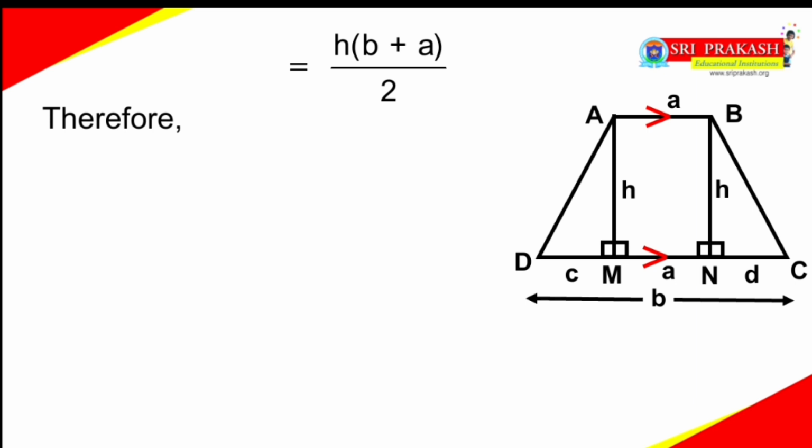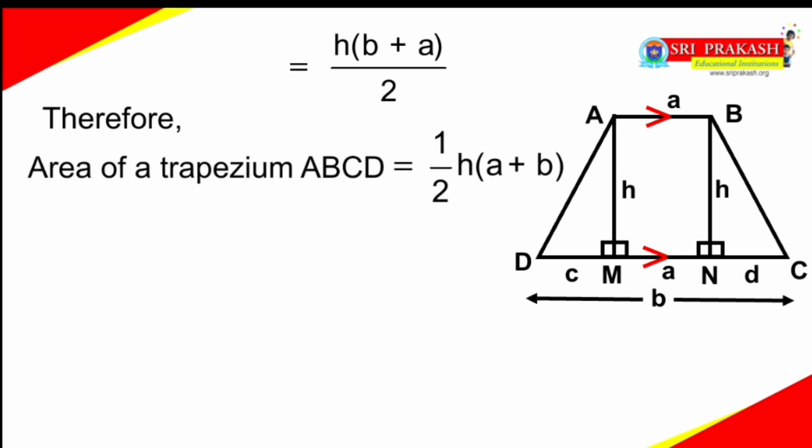Therefore, the area of a trapezium ABCD is equal to 1 by 2, that is half into h into a plus b. Children, this is the formula to find an area of a trapezium, that is once again half into h into a plus b.